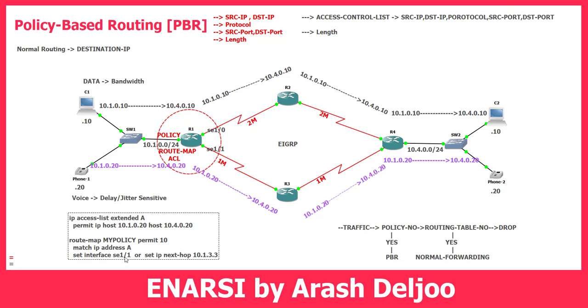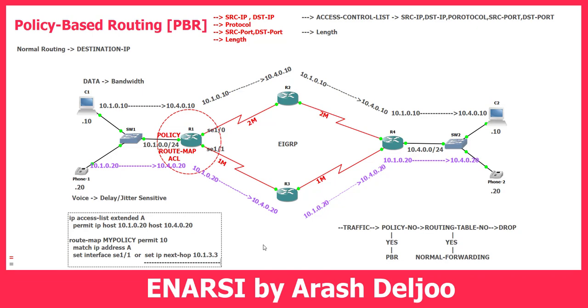If one of them can be used, it's better, and it is recommended to use the next hop. You know that in most cases when we are configuring static routing, we should configure it with the next hop, not with the outgoing interface, but both of them are possible in policy configuration.